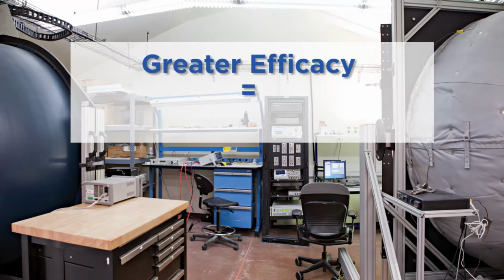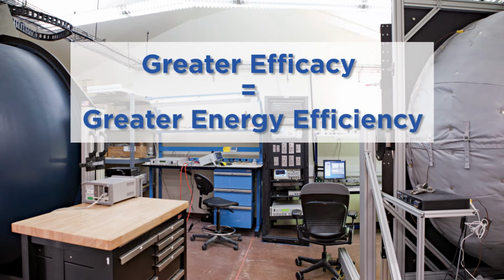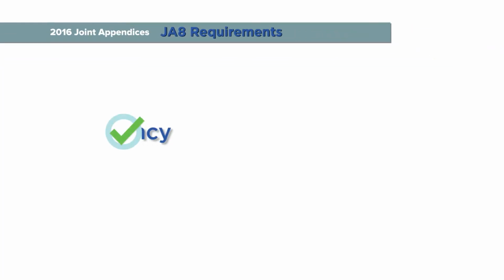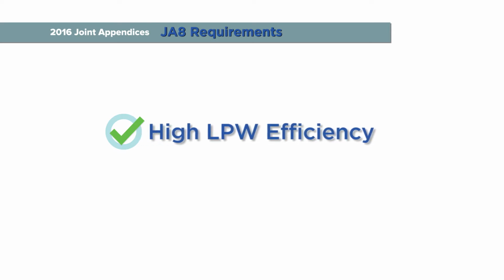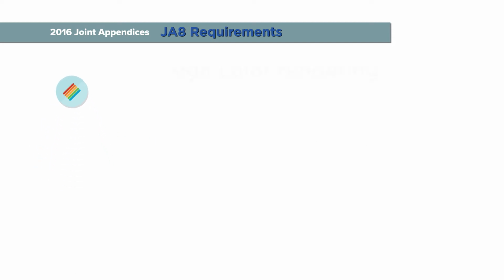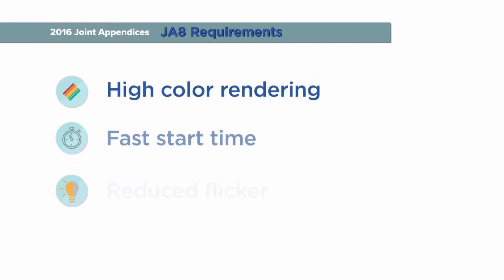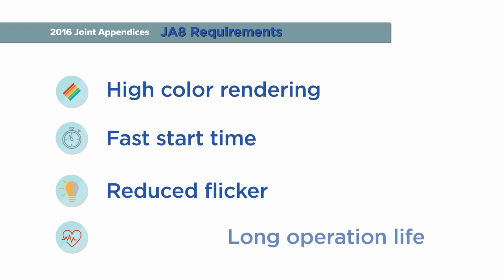Greater efficacy values indicate a more energy efficient light source, since more light is output per watt of energy consumed. JA8 requires high efficacy light sources to possess a high lumens per watt efficiency while also delivering a certain level of non-energy benefits such as high color rendering, fast start time, reduced flicker, and a long operating life.